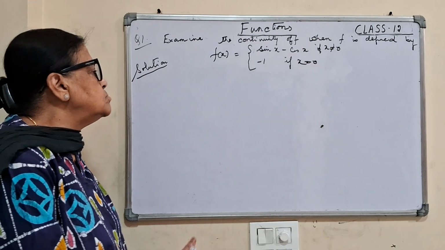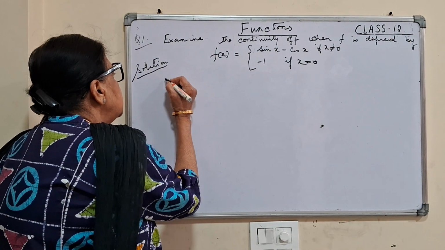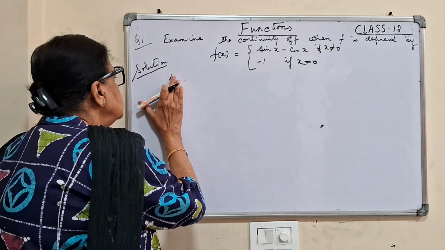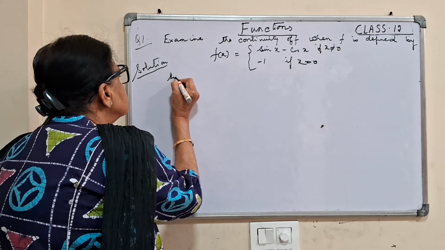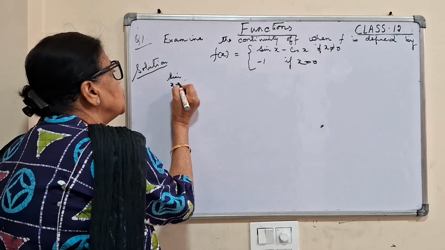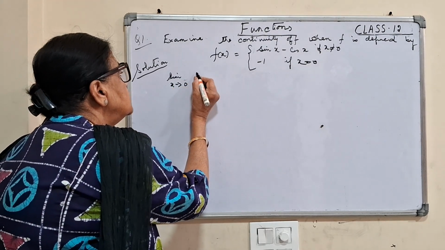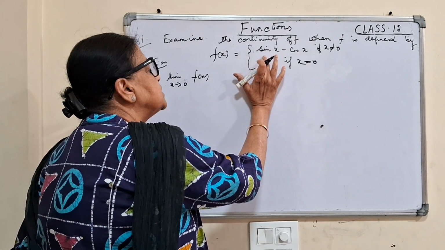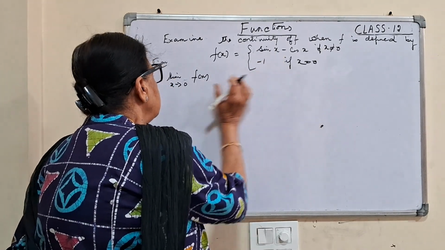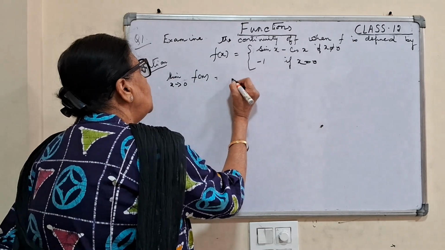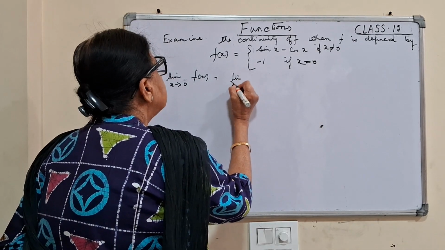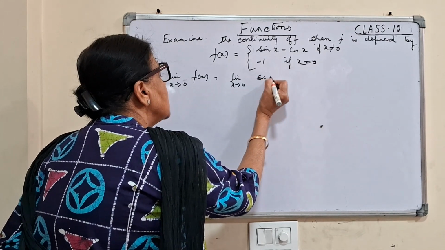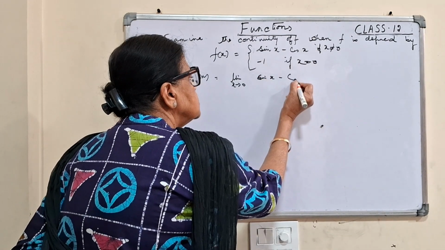Now here, the limit as x tends to 0 of f(x), because this condition is given for both the sides, is equal to the limit as x tends to 0 of sin x minus cos x.